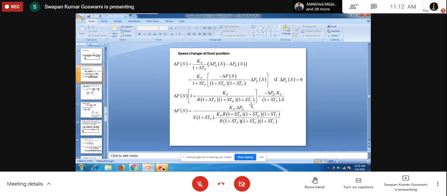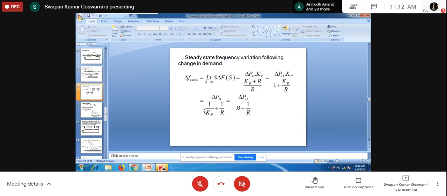It is a somewhat long expression, but let us see how the frequency changes in response to change in power demand. Now you see that we are particularly interested in the final change in frequency, because what frequency finally becomes after a variation in demand is made is important to us.